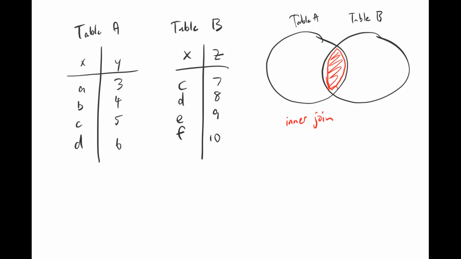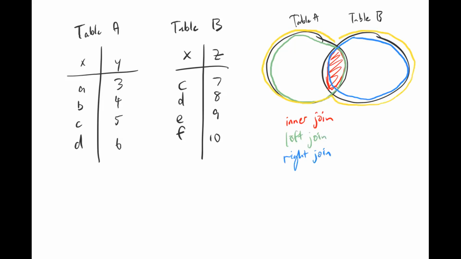You can also have everything in this region, which is known as a left join. Then you can have all of the data here, which would be a right join. And then you could also have all of the data, which is known as an outer join. So let's take a look at what all of these would look like.